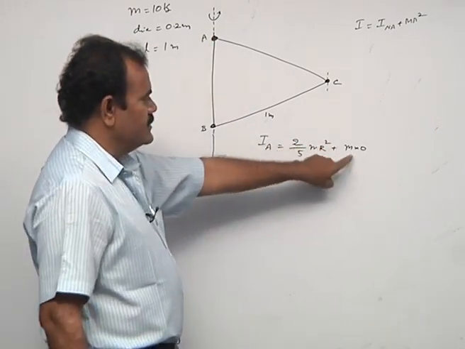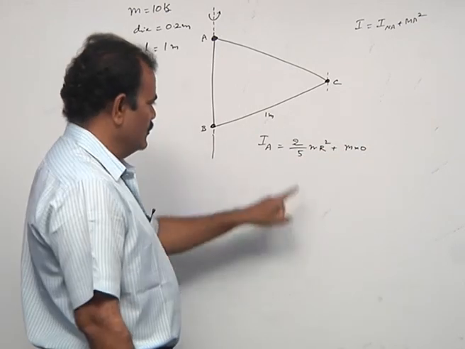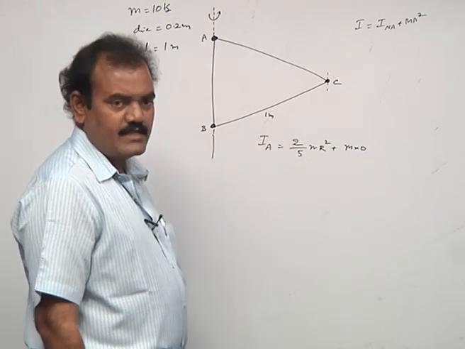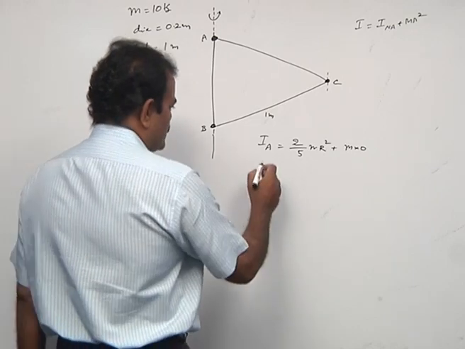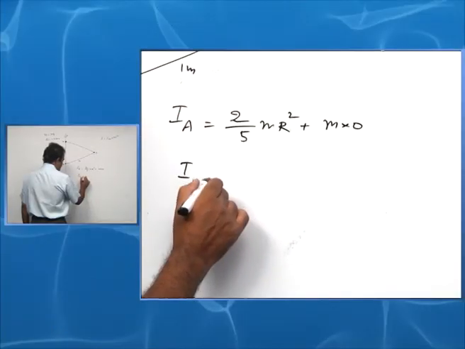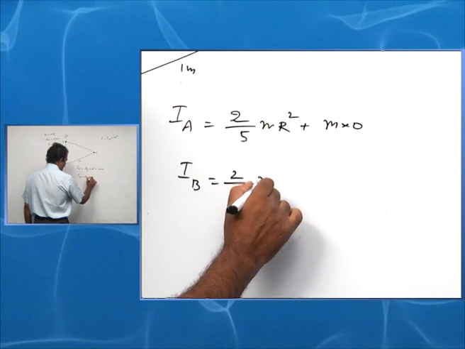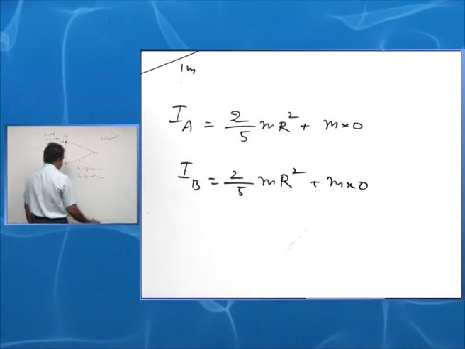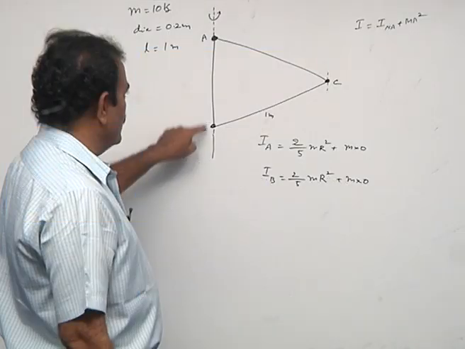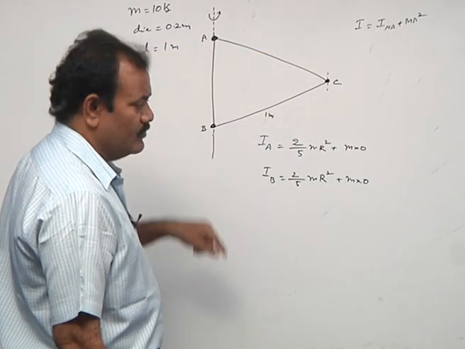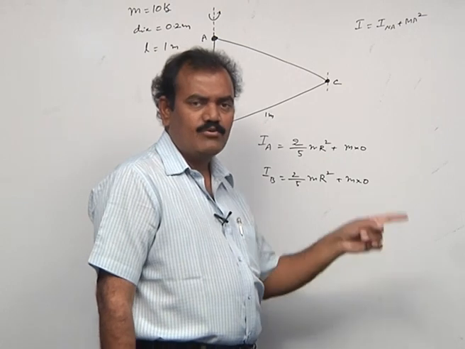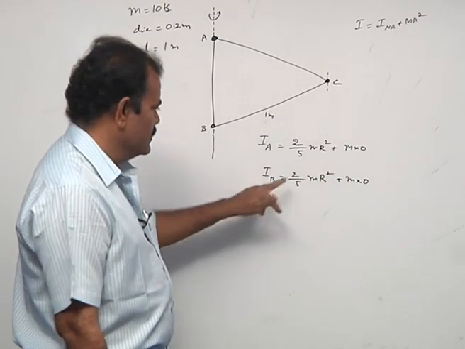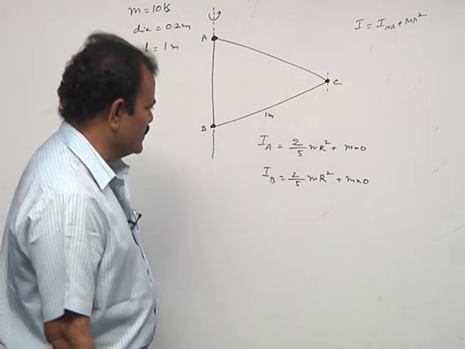As both are coinciding, we take this as 0, because there is no distance of separation between the two axes. So it is 2 by 5 MR square. And when you come to IB, that also will be the same. That is also 2 by 5 MR square, and M into 0 is to be taken, because A and B are along the same line. Here also the diametrical axis is coinciding with the given axis AB. So 2 by 5 MR square plus M into 0.